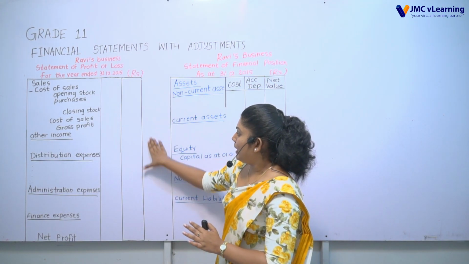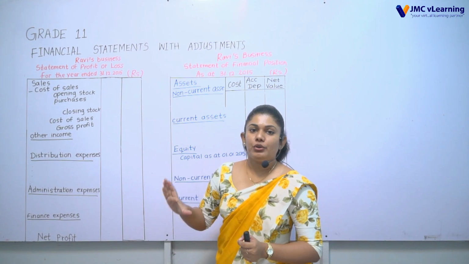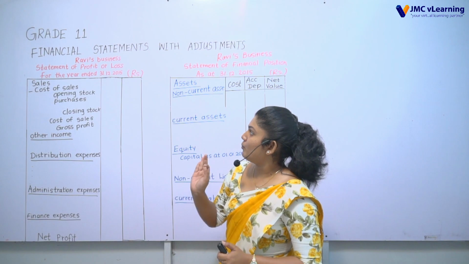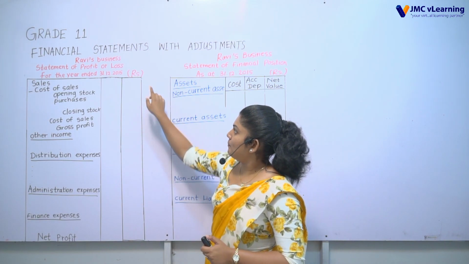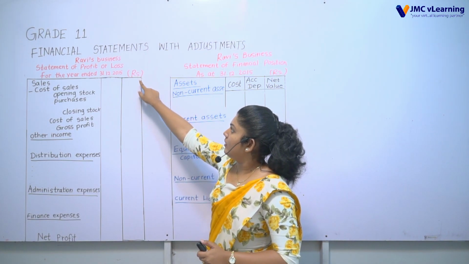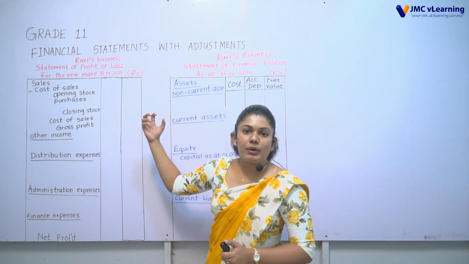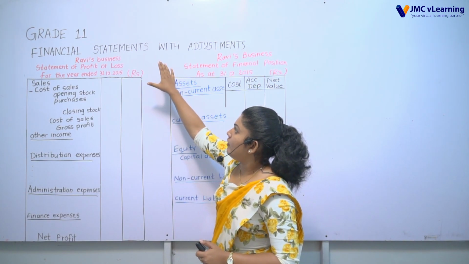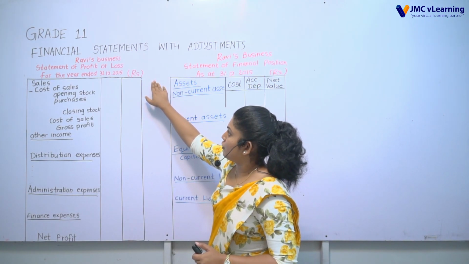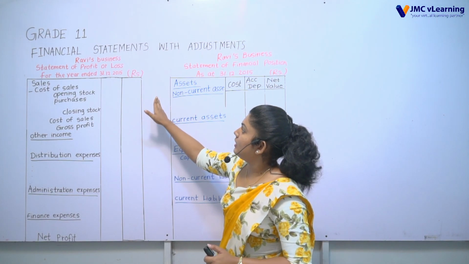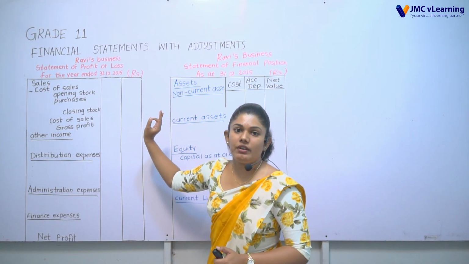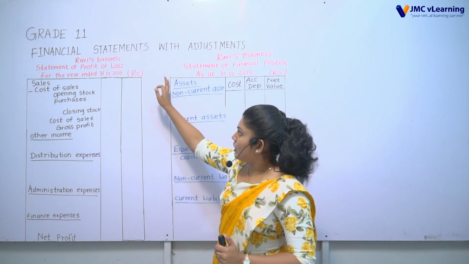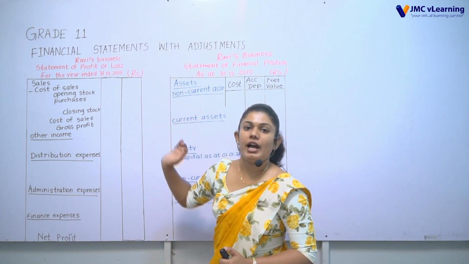When you're preparing these statements, it is compulsory to mention the business name, the account name and the time period you are preparing this particular account. There I have written Ravi's business statement of profit or loss for the year ended 31st of December 2015. Now my stakeholders know which business, which statement and for which time period.